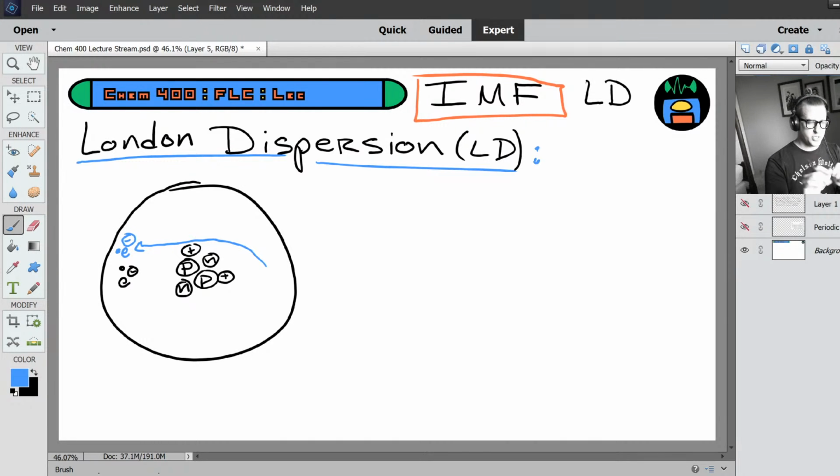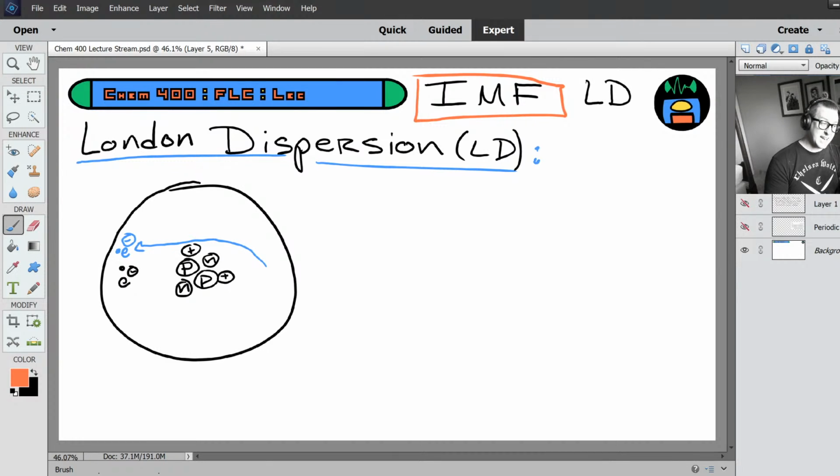But for a split second, imagine that you're watching this on video and pause it, before the blue electron has moved over but before the black electron has had an opportunity to be repulsed. Let's pause that video and think about the atom as drawn. Okay? Think about this.